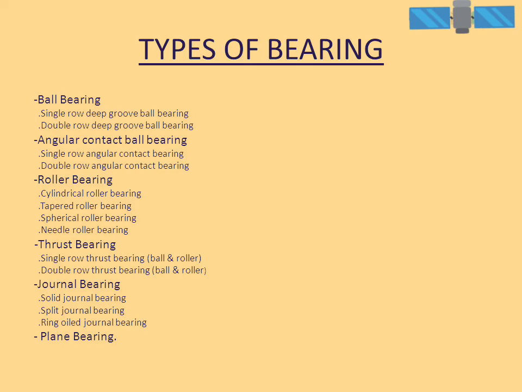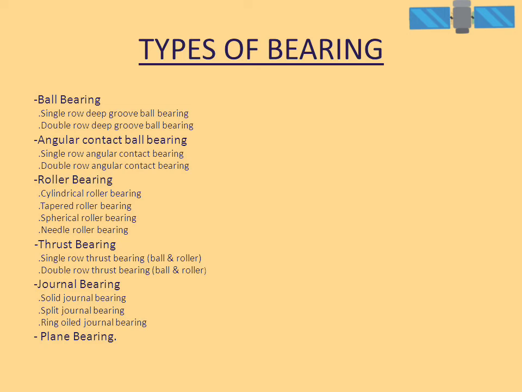Types of bearing: thrust bearing, ball bearing. Single row deep groove ball bearing. Double row deep groove ball bearing. Angular contact ball bearing: single row angular contact bearing, double row angular contact bearing. Roller bearing: cylindrical roller bearing, tapered roller bearing, spherical roller bearing, needle roller bearing.